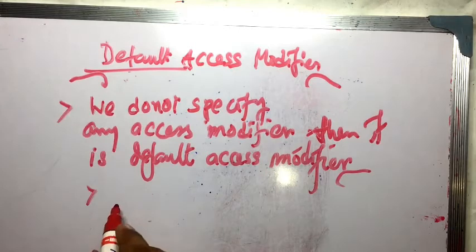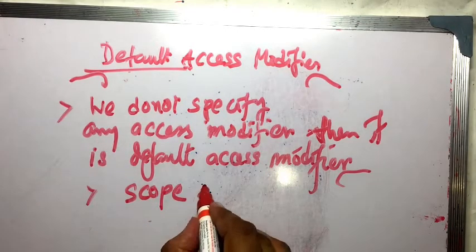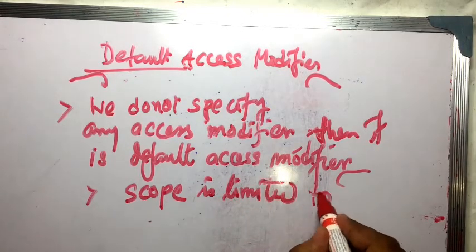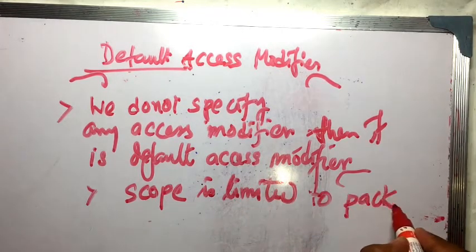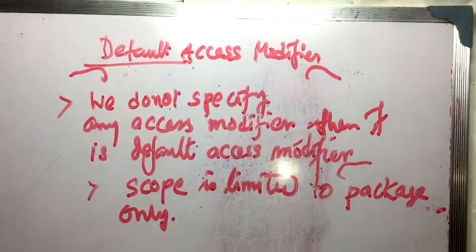Next, the scope of the default access modifier is limited to the package only. That is, within the package it is visible. This is the second point.